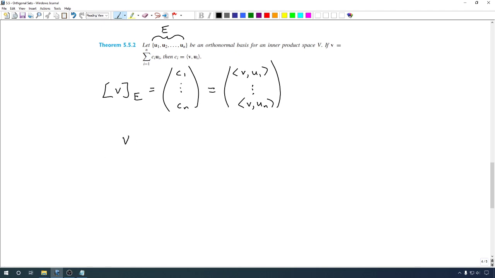If we just set up our V as this sum, I'm going to write it out without the summation notation. Oops, that should be a C. We're going to take the inner product of this with UI, so V comma UI. Then we have all this again.